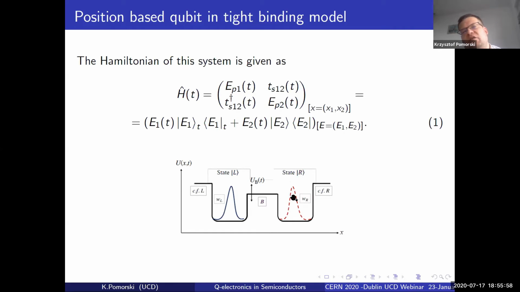So you have a localized energy in one cavity, this is AP1, which corresponds to the left side, and you have a localized energy of the right cavity. And there is some hopping energy from left to right. This corresponds to a hopping electron from the left to the right quantum dot. This model turns out to be very powerful from the point of view of predictions because it's very simple. And at the same time, you can treat this model as a simplified version of the Hubbard model.